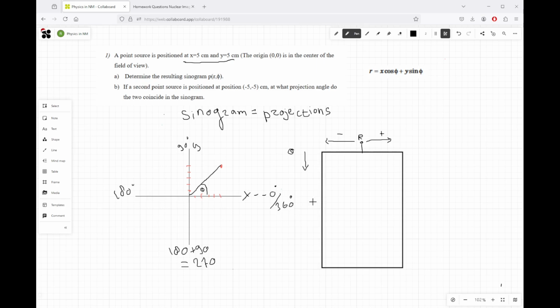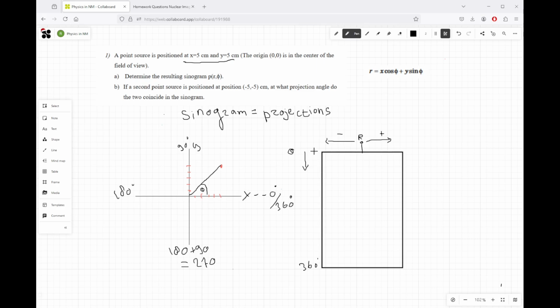Usually we make sinograms from 0 to 180 degrees, but in this case we can go to 360 degrees to give a better explanation and understanding of what is actually happening with the projections while making the sinogram. So let's make 360 degrees here.